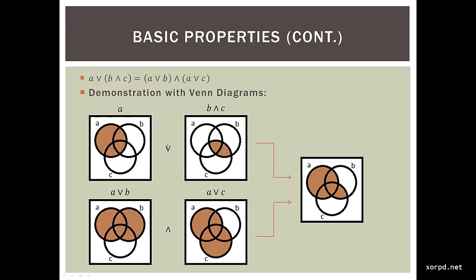Now we finally have to invoke OR between A and the expression B and C to get A or B and C. And we get this result, this picture, which is composed both of this circle, the brown A circle, and this small part, the intersection of the B and C circles.